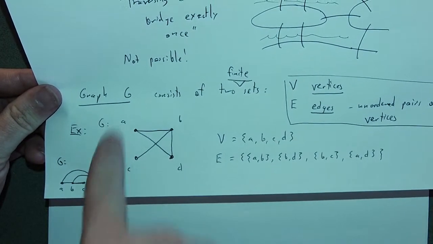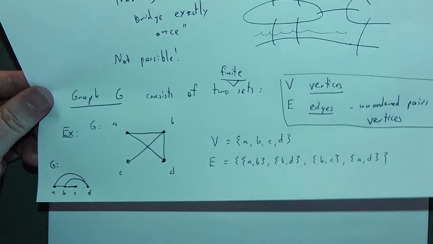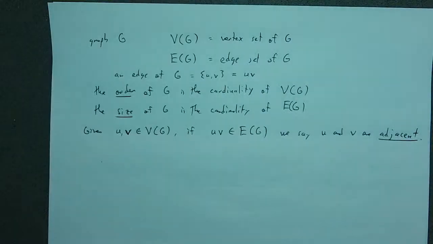So given vertices A and C, the edge AC is not in the edge set. It's not an edge, right? AC is not in the edge set for this graph. So of course those are not adjacent in that graph. Okay, so that's the definition of adjacency for two vertices.